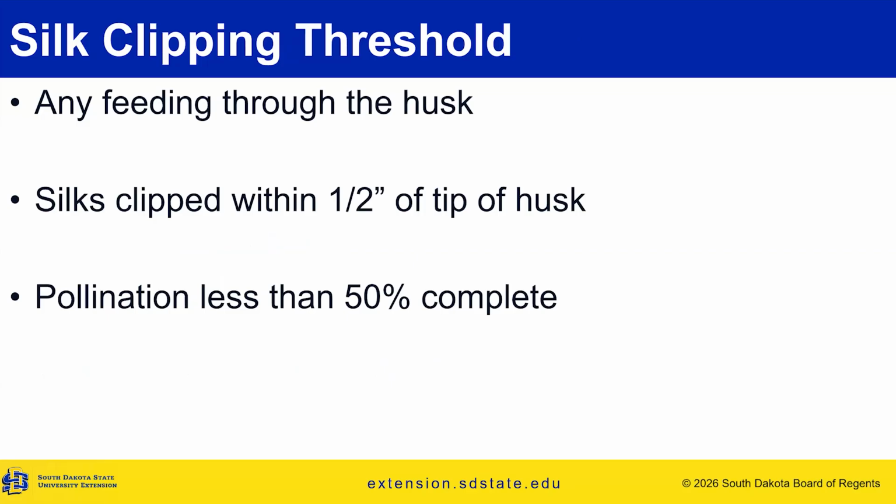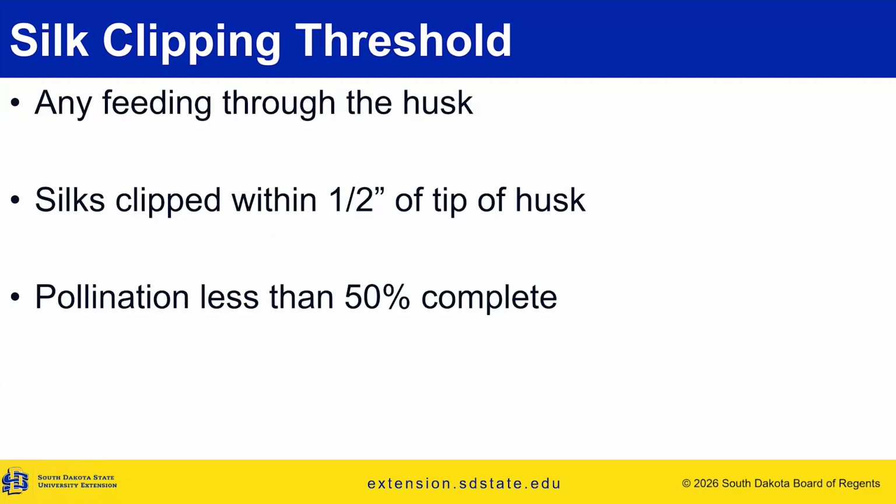And I mentioned the silk clipping. This will come up a couple more times during the talk because that is such a risk for us in terms of reducing yield really quickly. But for grasshoppers, if we have any feeding through the husk, or really if you see a lot of grasshoppers on the ears, that warrants consideration for treatment by itself. But if you have feeding through the husk, it's time to spray.